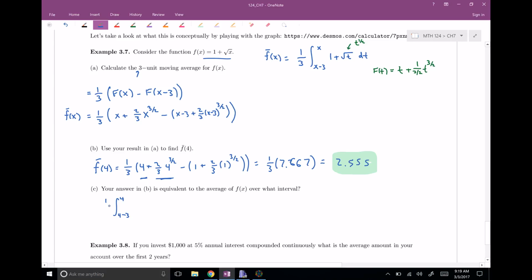And again, this is a 3-unit moving average. And of course our function would have been here. And right, so this is the interval from, let's see, 1 to 4. And you can write 3 as, of course, 4 minus 1. So this is equivalent to the average of f of x over the interval from 1 to 4, right?